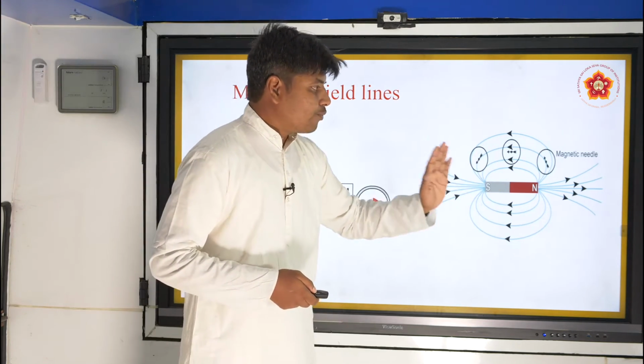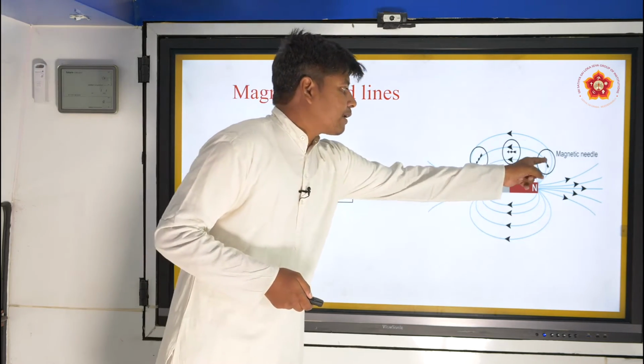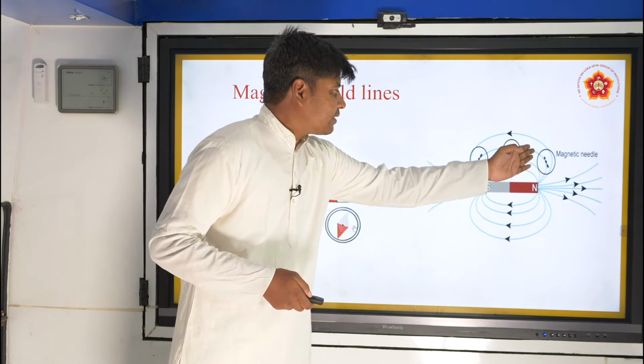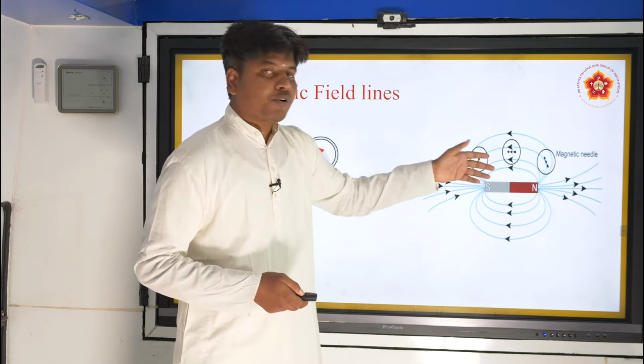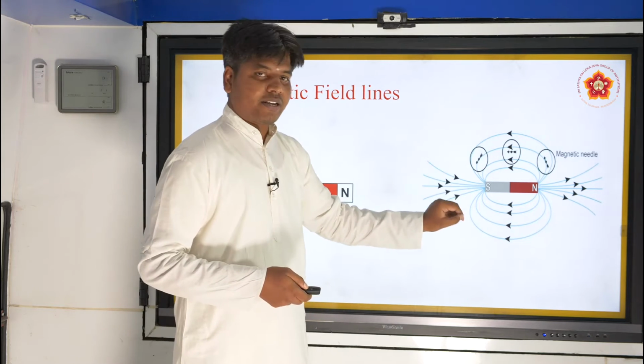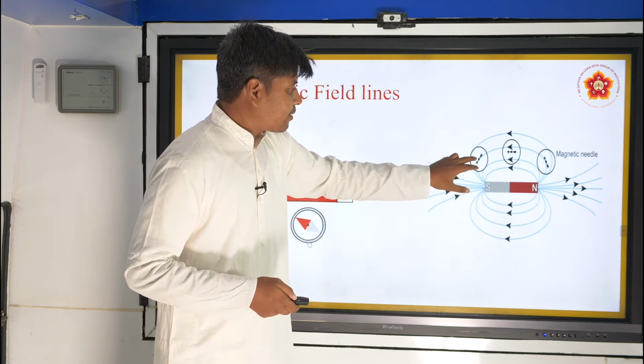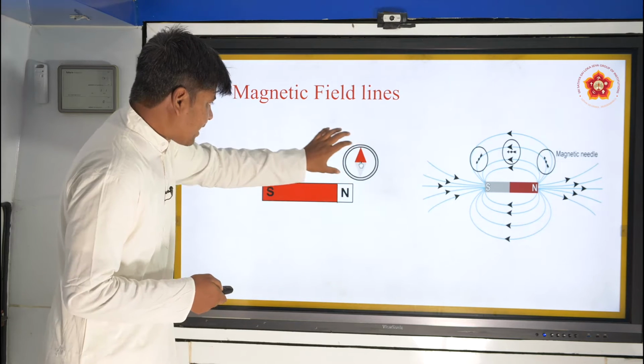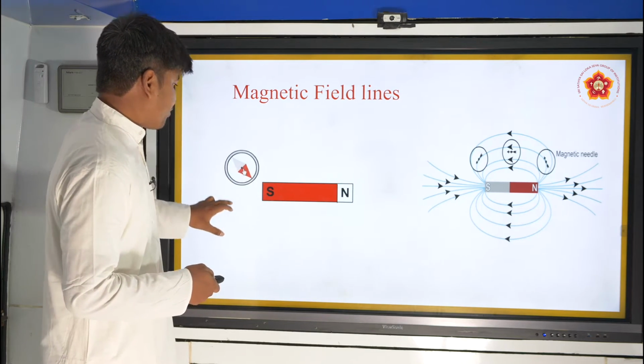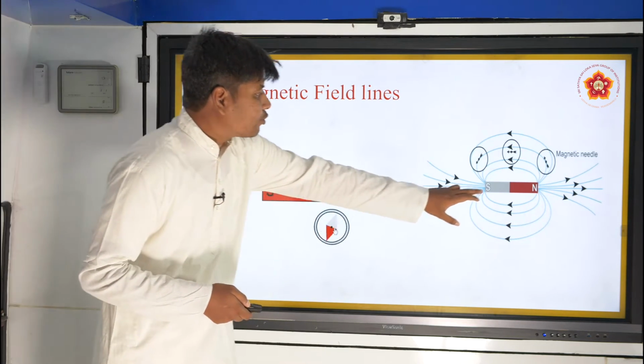Start with the north pole. Where it points, make a point. Drag the compass here. Where it points, again plot a point. Drag it here. Where it points, plot a point. So as you drag it around, you have different points, and you join those points.